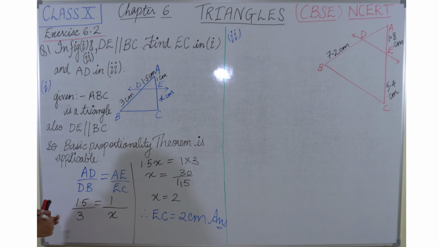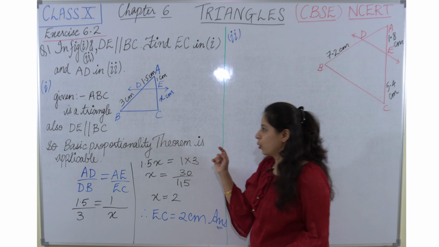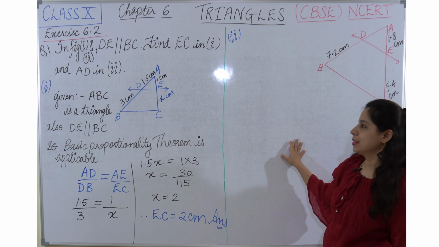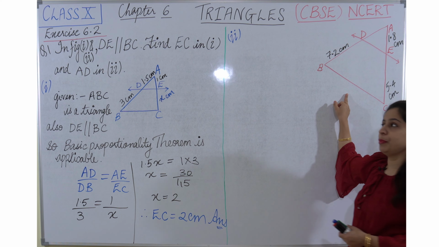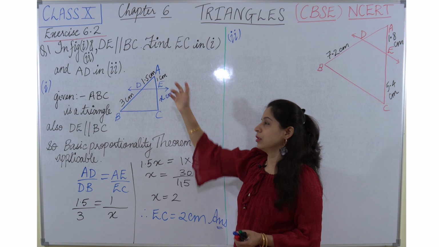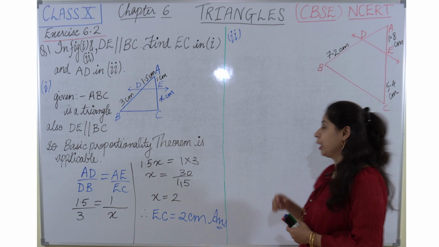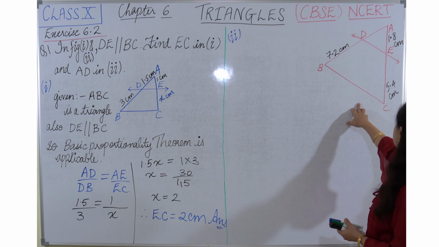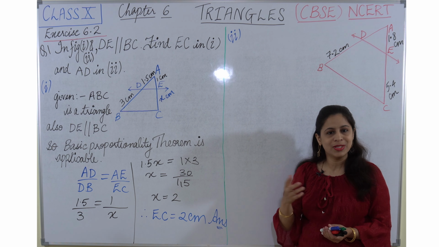Now let us move ahead towards the second part of question number 1. In the second part also we have been given that DE is parallel to BC. For both the parts, this condition is common. So again over here also the basic proportionality theorem is applicable.